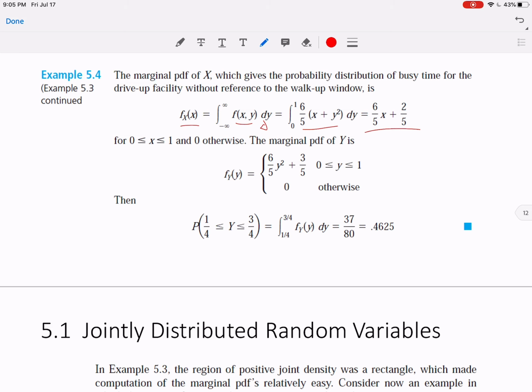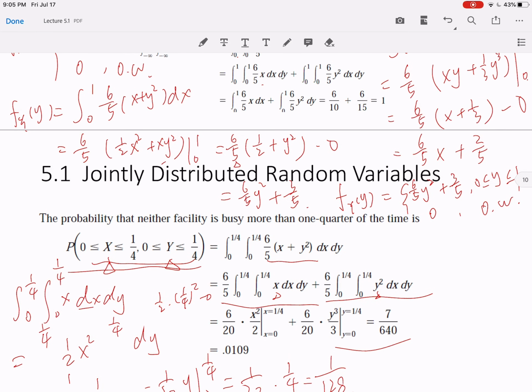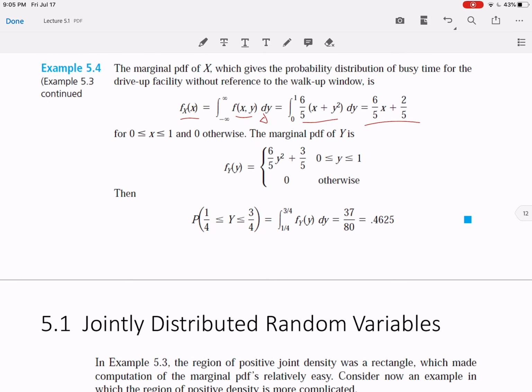After the calculation, you get this, which is exactly the same as what we got up here, 6 over 5 x plus 2 over 5. Similarly, if you want to find the marginal PDF of y, just integrate the joint PDF over x, and you will get this, which is exactly the same as what we got above.